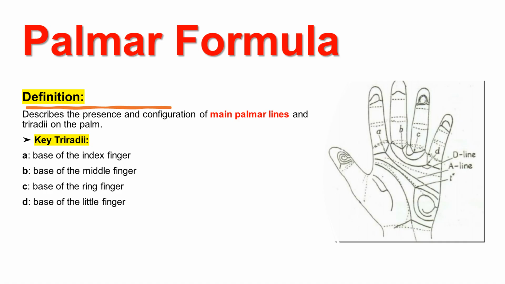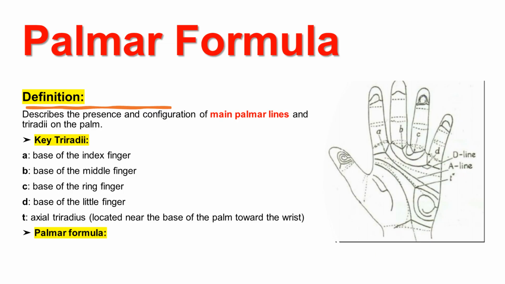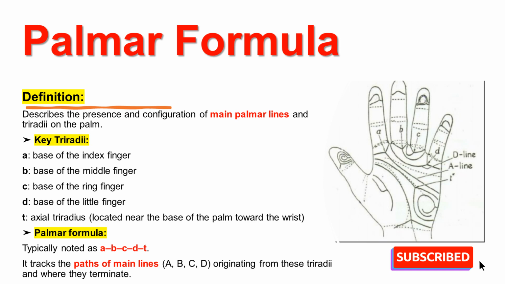D, base of the little finger. T, axial triradius, located near the base of the palm toward the wrist. Palmar formula is typically noted as A, B, C, D, T. It tracks the paths of main lines A, B, C, D, originating from these triradii and where they terminate.